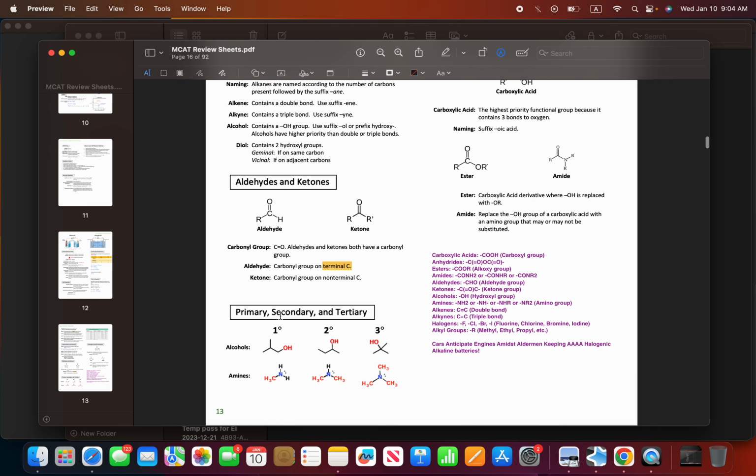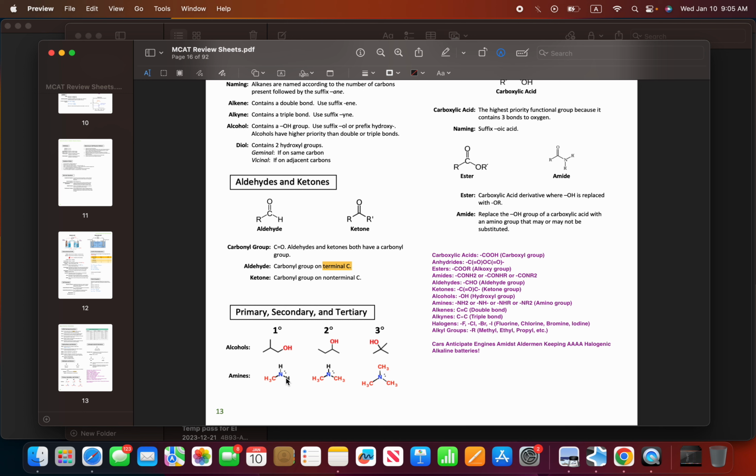Then we have primary alcohols, secondary alcohols, and tertiary. So this is dependent on the carbon attached to the hydroxy group. This carbon is attached to two other carbons, which is a secondary alcohol.